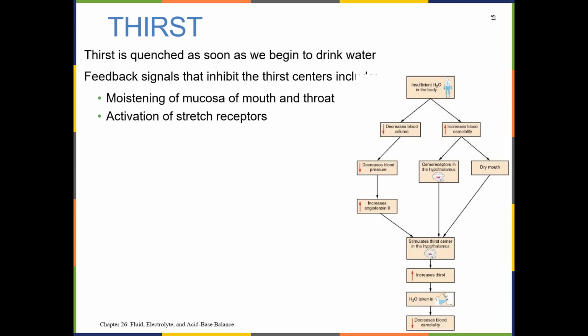We activate the stretch receptors in our mouth, esophagus, and stomach that tell us we've just taken in a liquid. And so we fool the hypothalamus into saying, oh, we're not thirsty anymore, even though we haven't reestablished the salt concentration at 300. That's half an hour away, and yet we think that we are not thirsty.